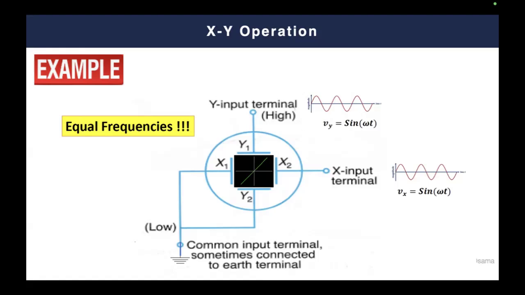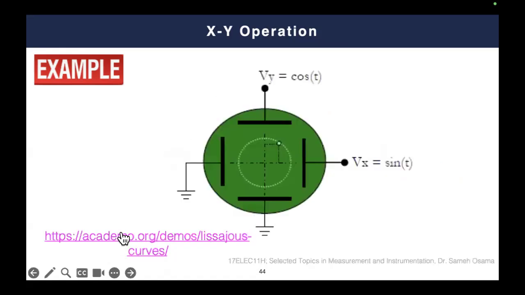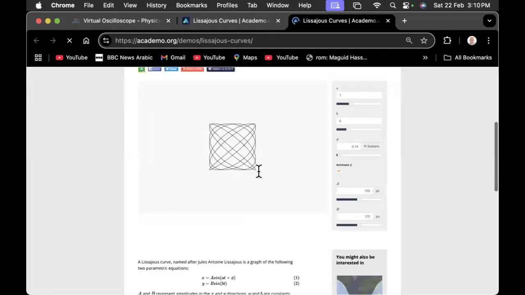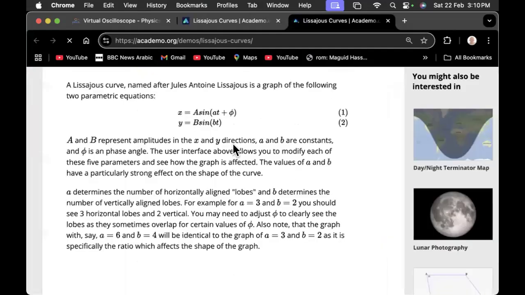So now we can synchronize this. Let's see what happens if we change the phase between X and Y, we change the amplitude between X and Y, we change the frequency between X and Y. Let's see. So herein I will use this nice virtual tool. As you can see, we have 2 inputs.